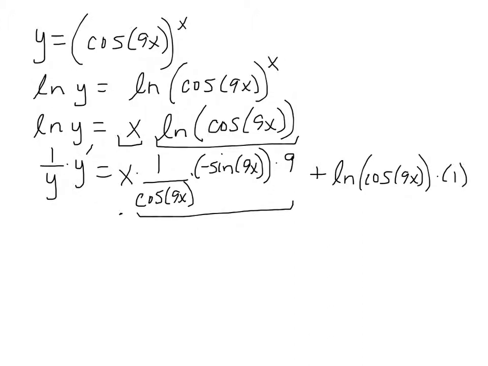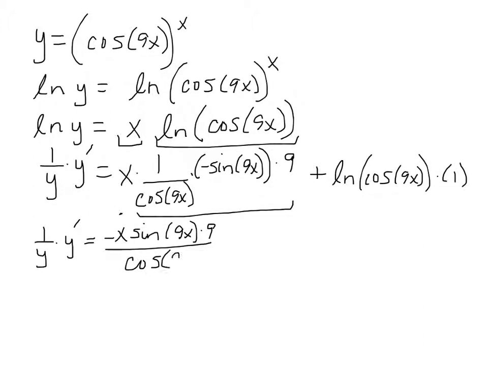I'm going to simplify just a little bit so I can keep up with all the parts of my answer. So I've got 1 over y times y prime. I'm going to combine all of that on the top, which would be negative x sine 9x, just getting some pieces together. I left off the 9, so we can put it back here. It could have also gone in the front, plus ln of the cosine of 9x.